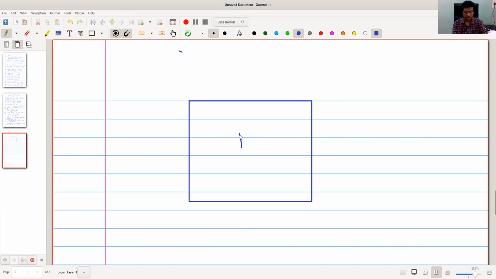We call this gamma. This point is C plus iT.